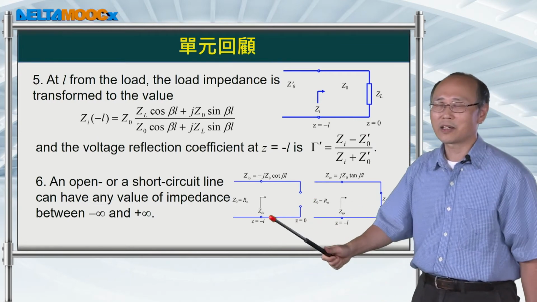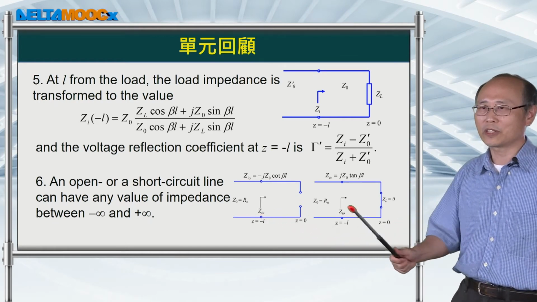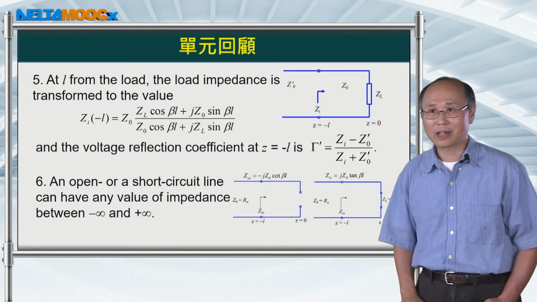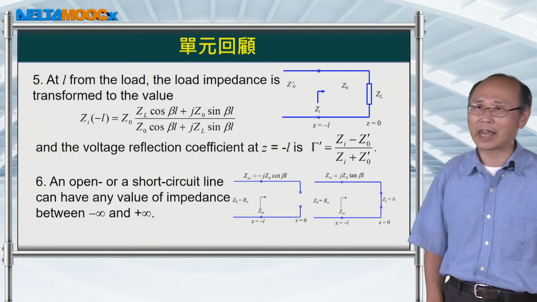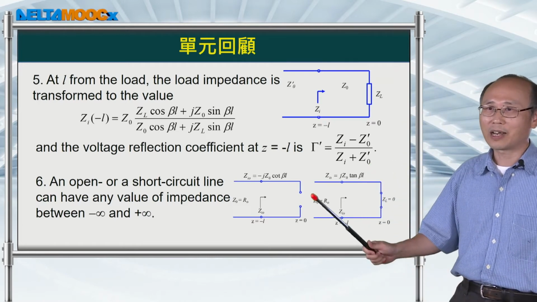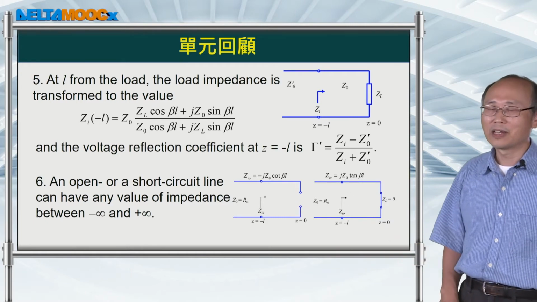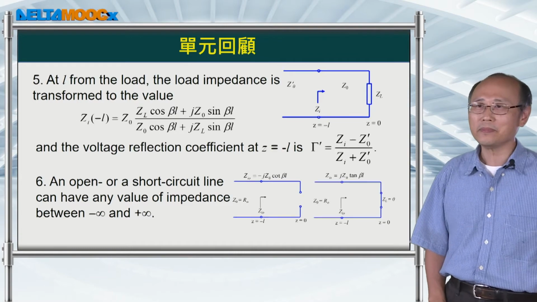It turns out that the input impedance for the open circuit or short circuit lines can give a value between minus infinity and plus infinity. Basically, any value of the impedance can be achieved by having this short circuit or open circuit transmission line.